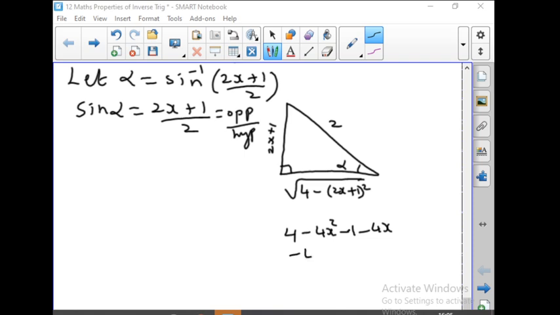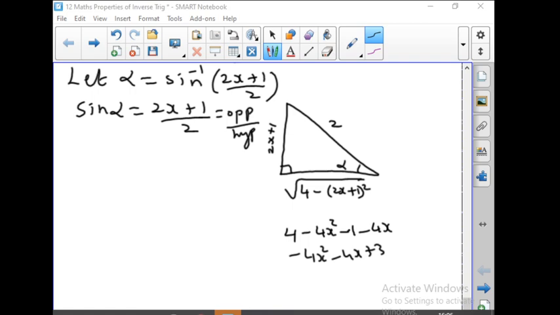So it is minus 4x square minus 4x plus 3. So this is root of that.